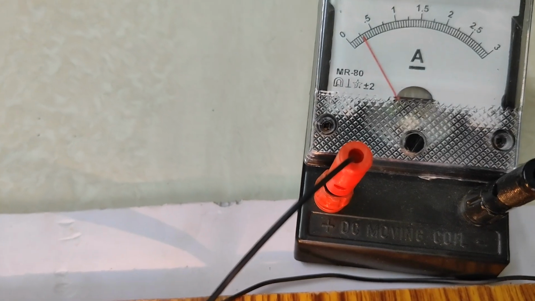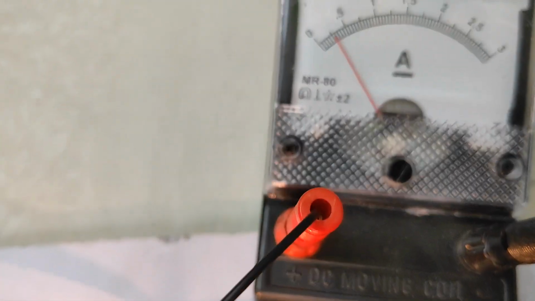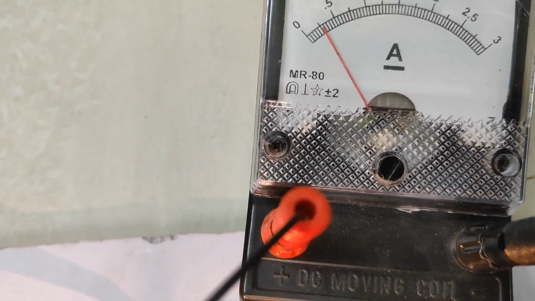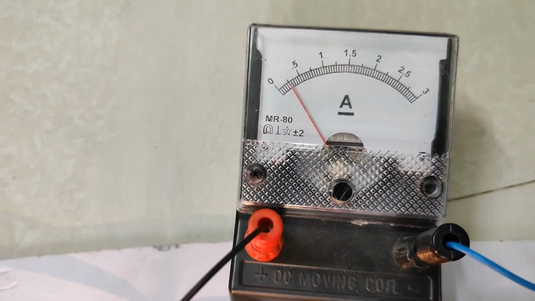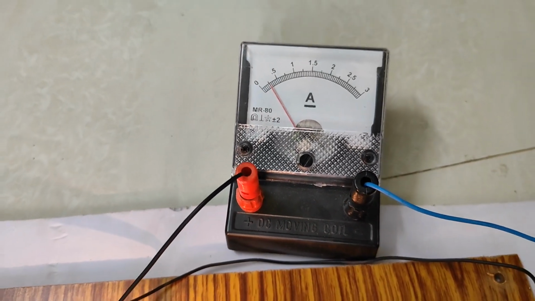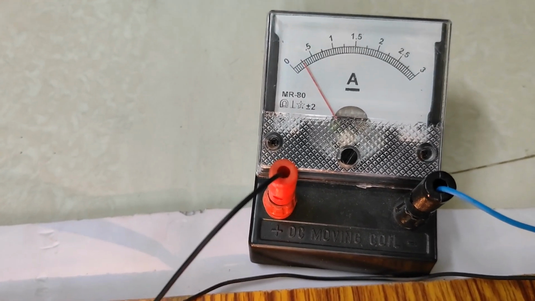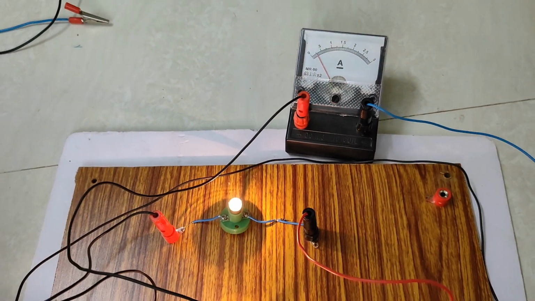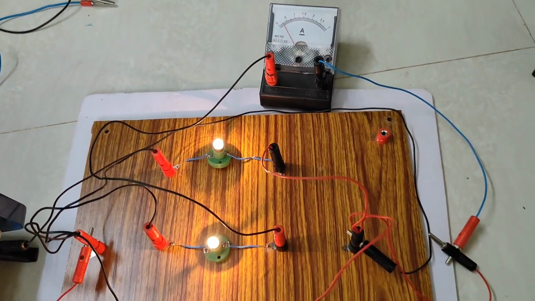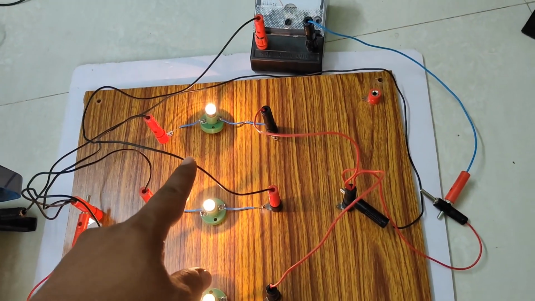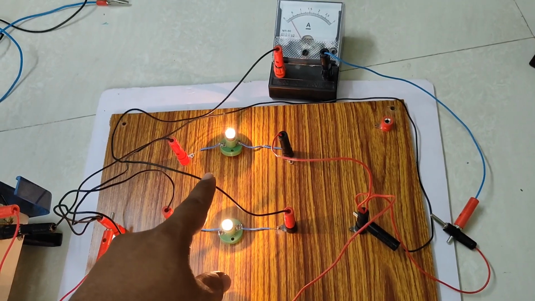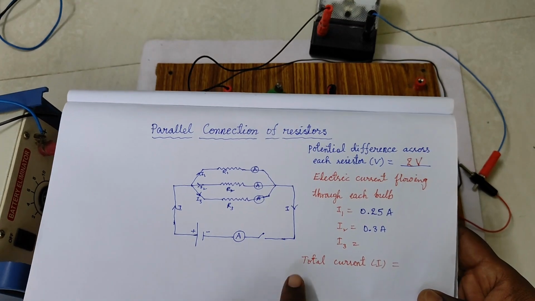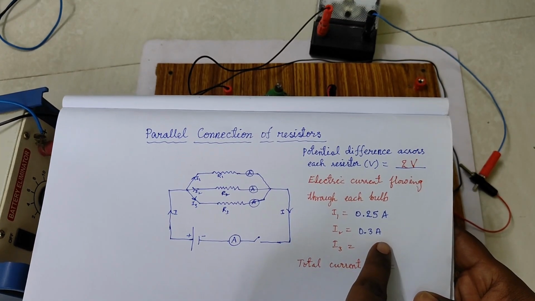This is the sixth line. See here, least count is 0.05. 6 into 0.05, that is 0.3 amperes current. 0.3 amperes current is flowing through the second resistor.